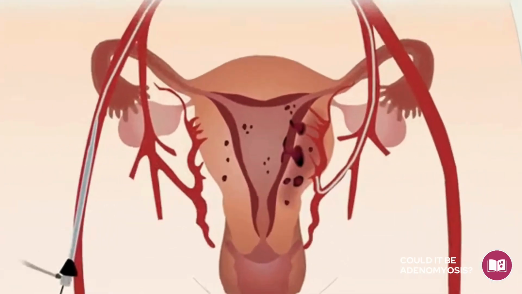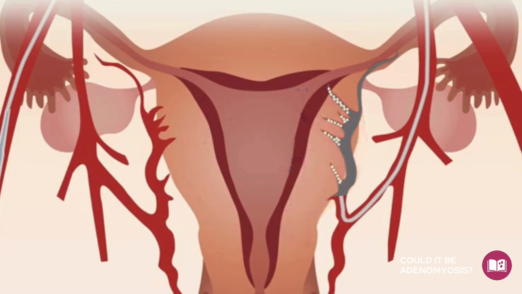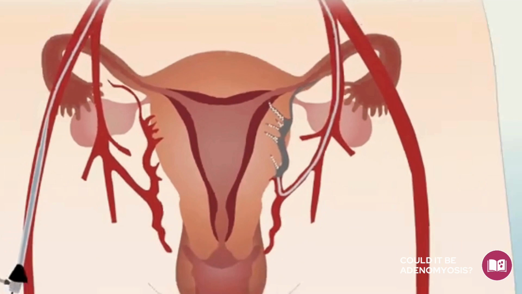Once we're there, we inject particles into the uterine artery, right? The particles go in to block the blood supply, to reduce the blood supply. And the abnormal part, which is the adenomyosis, or sometimes fibroid as well, will shrink and die without oxygen, without blood supply. Easy to understand.